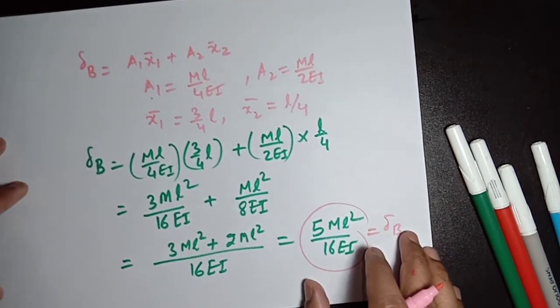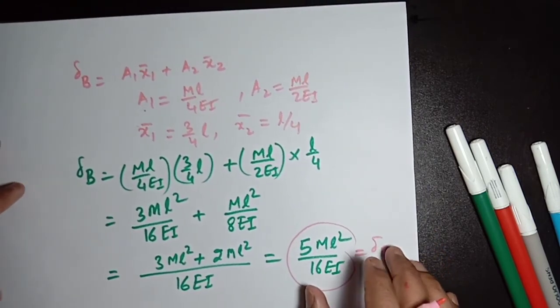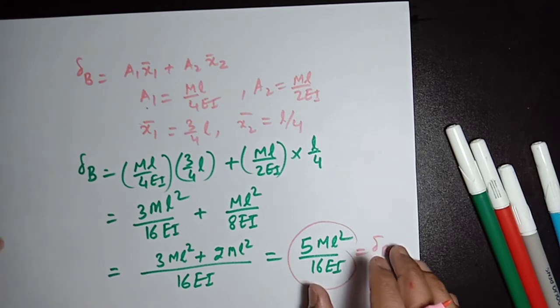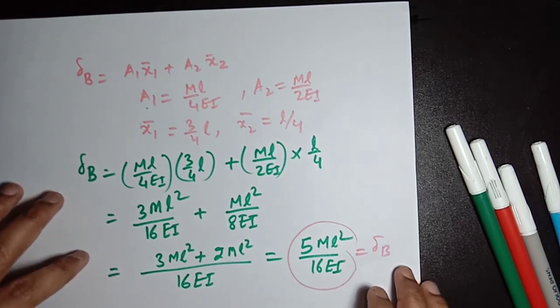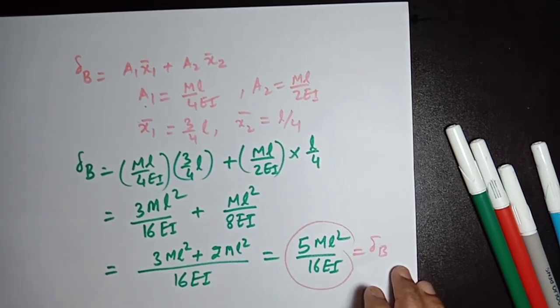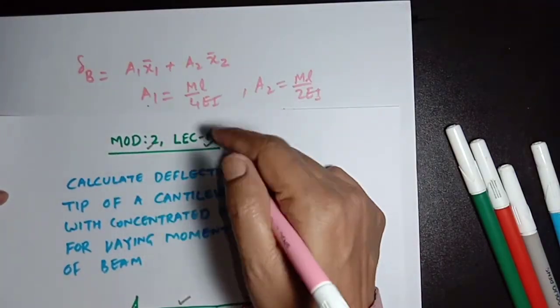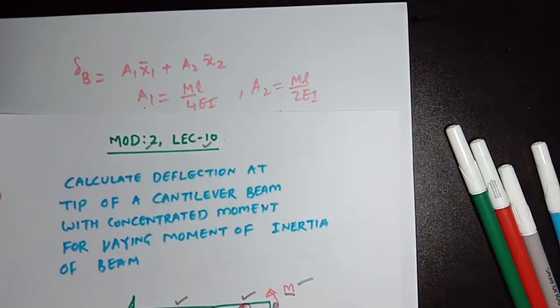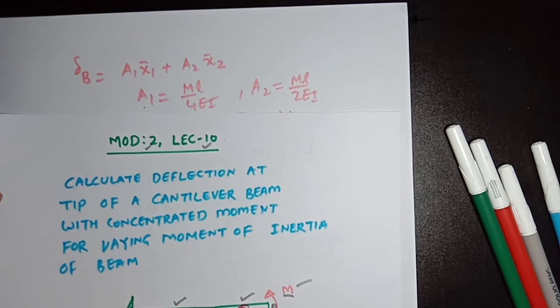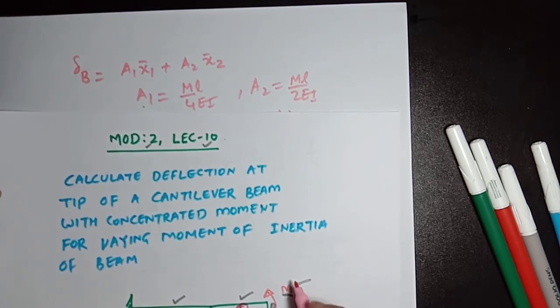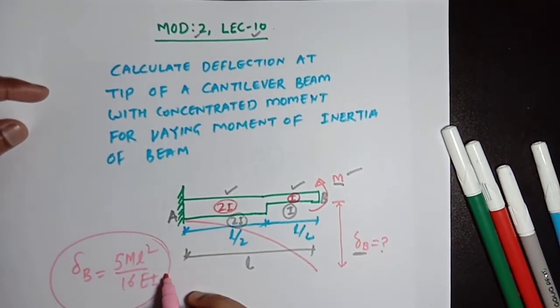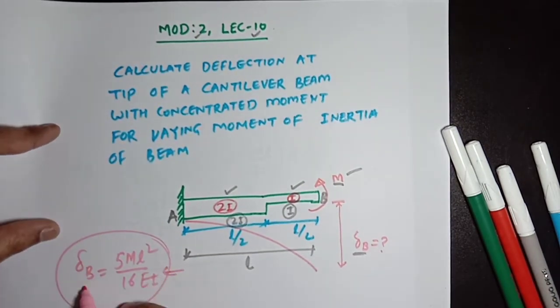Now I hope that for a varying moment of inertia for any cantilever beam, you can find the deflection at the tip. We have done another example with a concentrated moment applied at the tip of this cantilever beam, and the deflection at point B is 5 ml square divided by 16 EI.